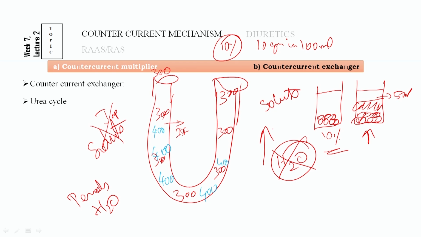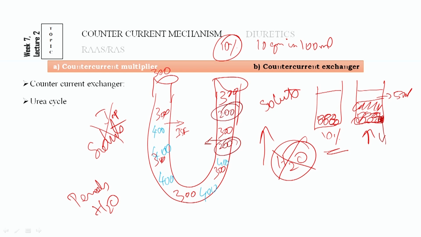So that means I am removing the solute particles from this, not the water. Only the solute particle is moving. When the solute particle is moving, what will happen to the concentration? The concentration reduces from the normal level. So from 300 the solute will move this side, so it will become 200.